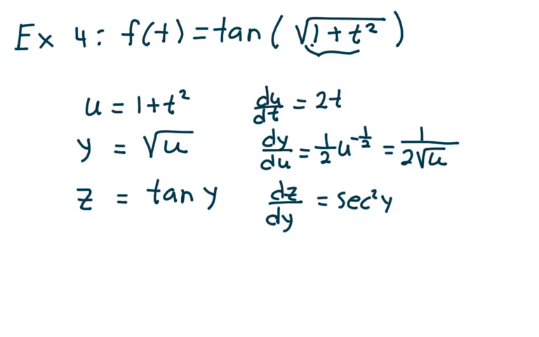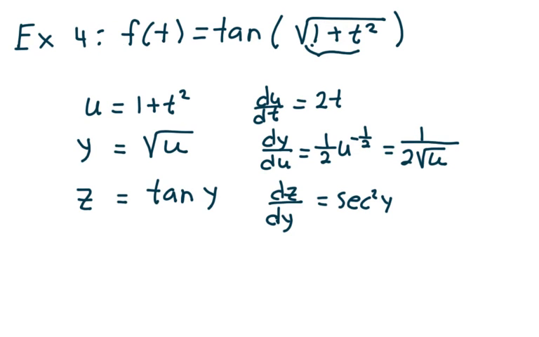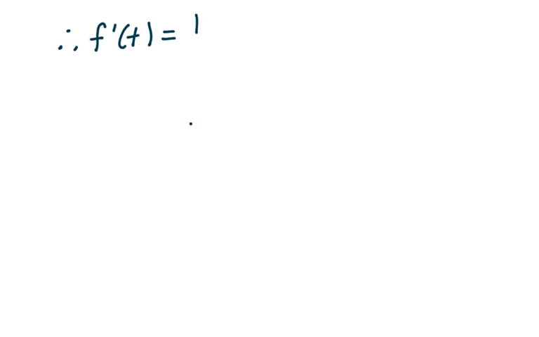So what I'm going to do is put all those things together. Therefore, f prime of t is the following. We're going to take dz/dy times dy/du times du/dt.